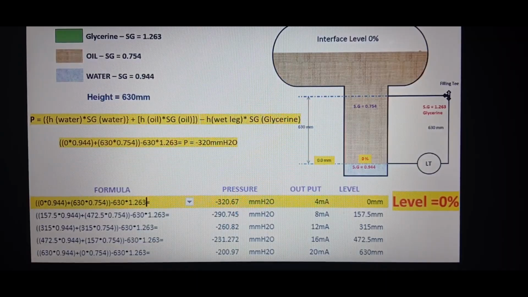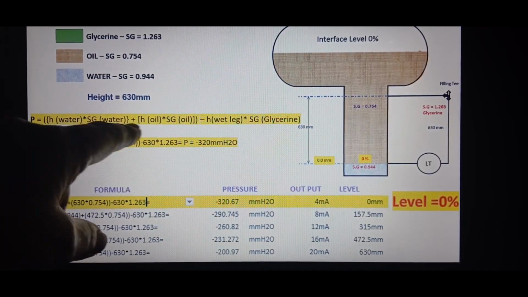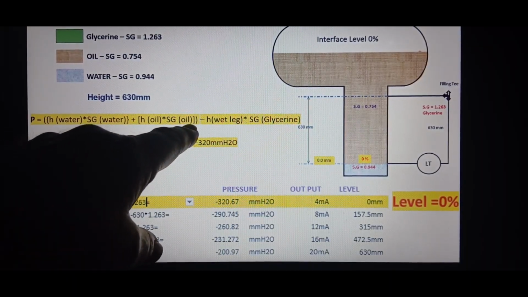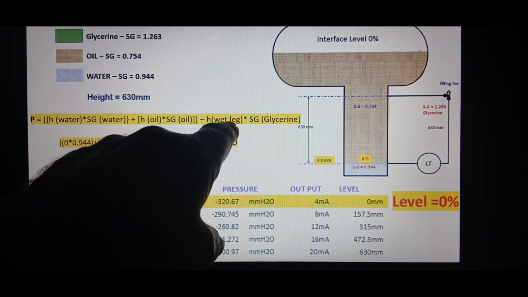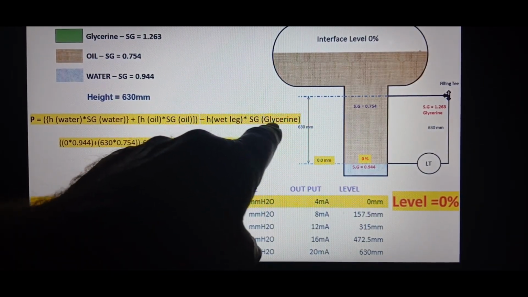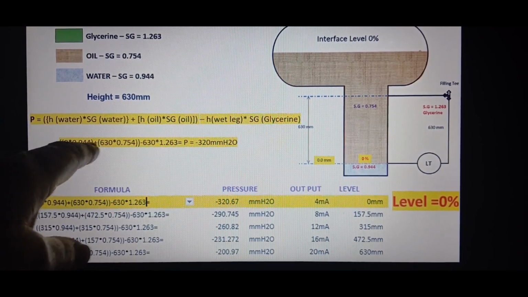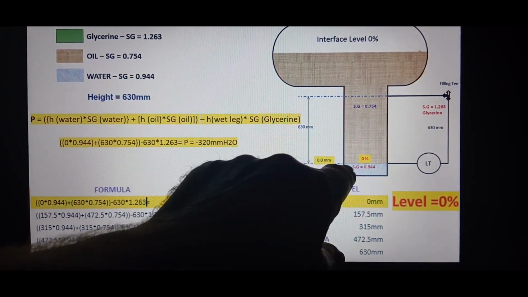The formula is that the pressure is equal to the height of the water times the SG of the water, plus the height of the oil times the SG of the oil, minus the wet leg, which is the height of the wet leg times the SG of the glycerine. And if you look at these values that are put in here, these are the values that you would have for 0% water at that point there.